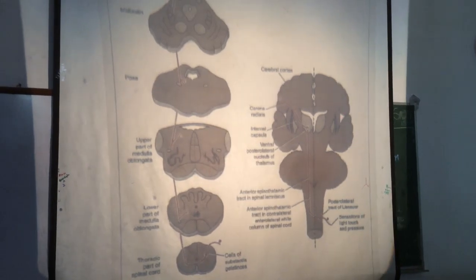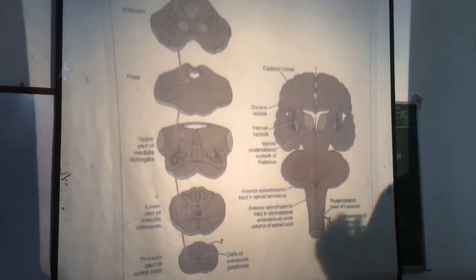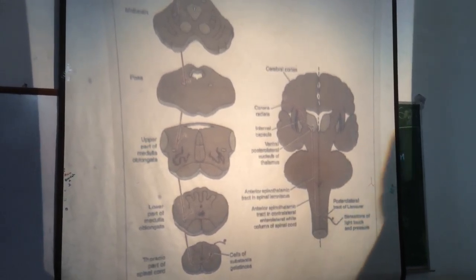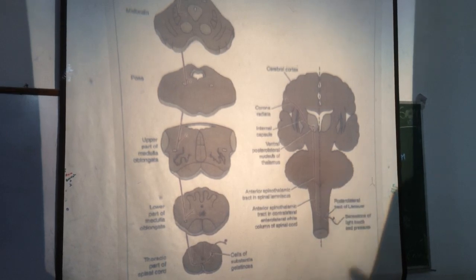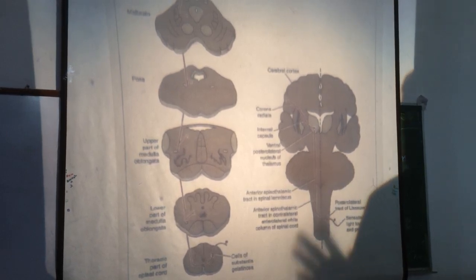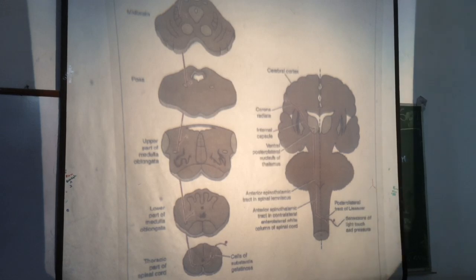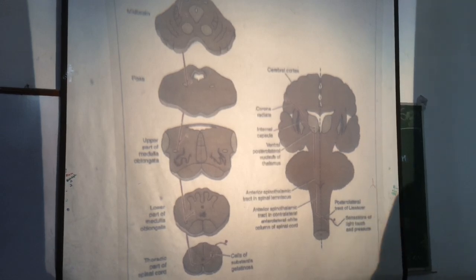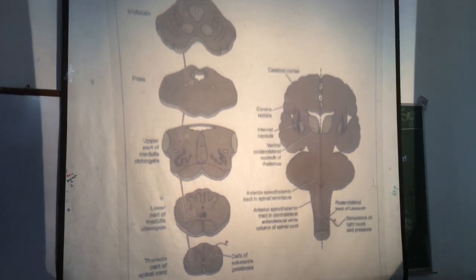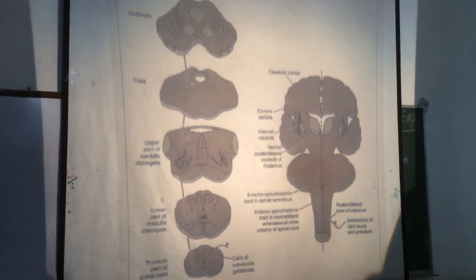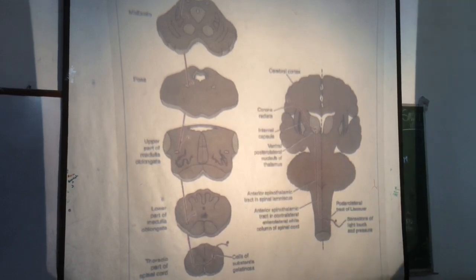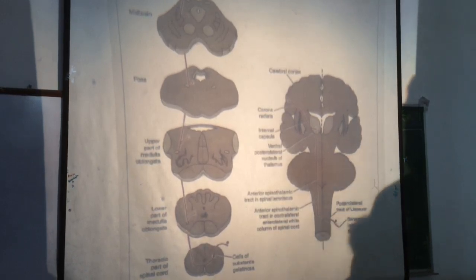Right? And then the fast pain impulses follow the pathway which I have discussed, the lateral spinothalamic tract. Glutamate is the neurotransmitter in the pathway of fast pain impulses. It is released at the synapse between A delta nerve fibers and the second order neurons in lamina 1, 2, 3.